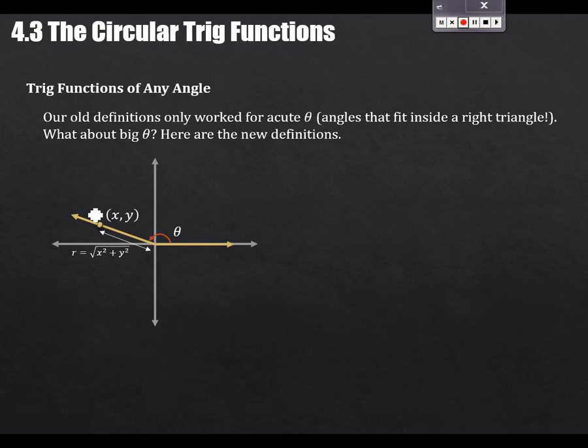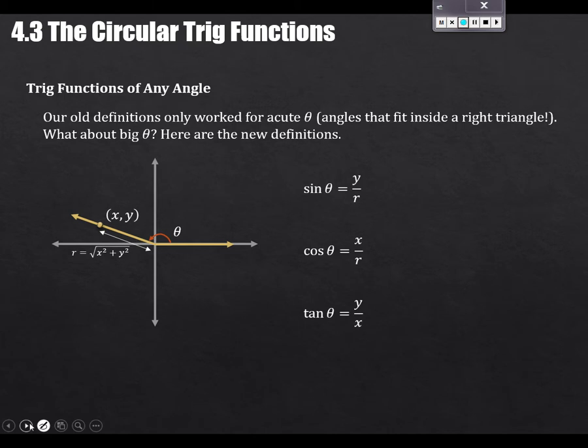This point is on a particular circle of radius r, along with all of its friends that are an equal distance away from the origin. All right, so I gave you an angle. You put it in standard position. You chose an arbitrary point on the terminal side. You computed the distance away it is from the origin, r. Now you're ready to say what the sine is, or the cosine is.